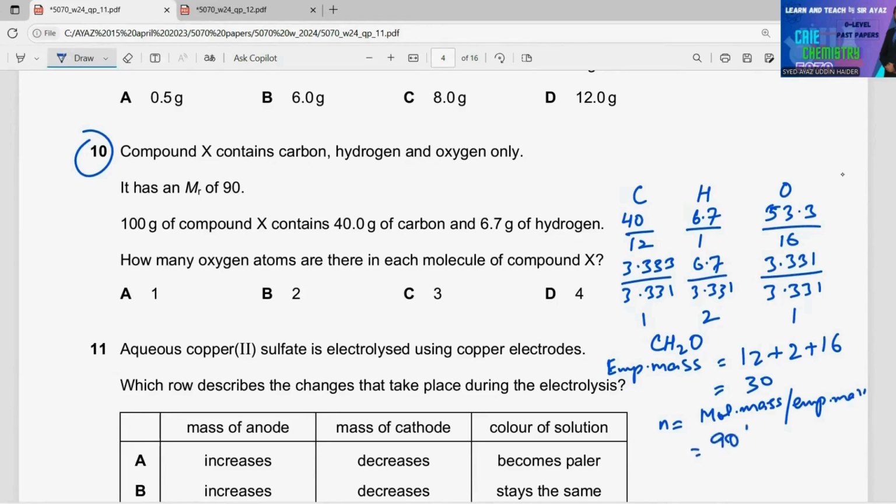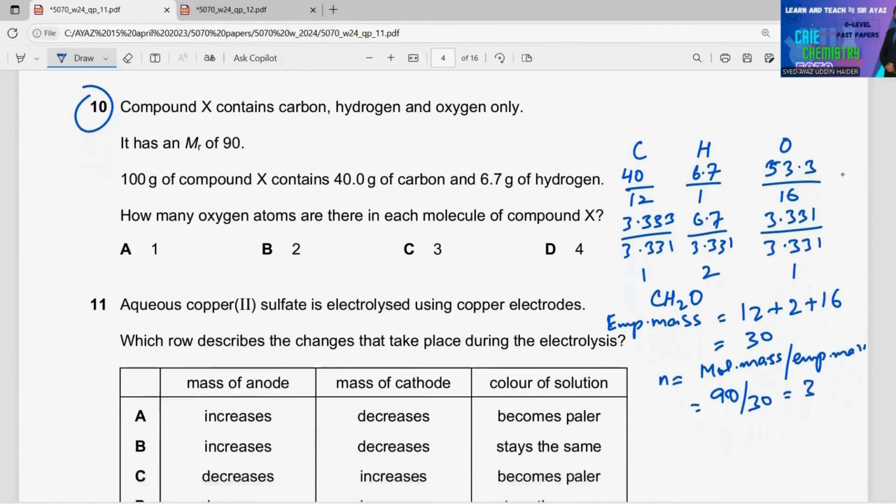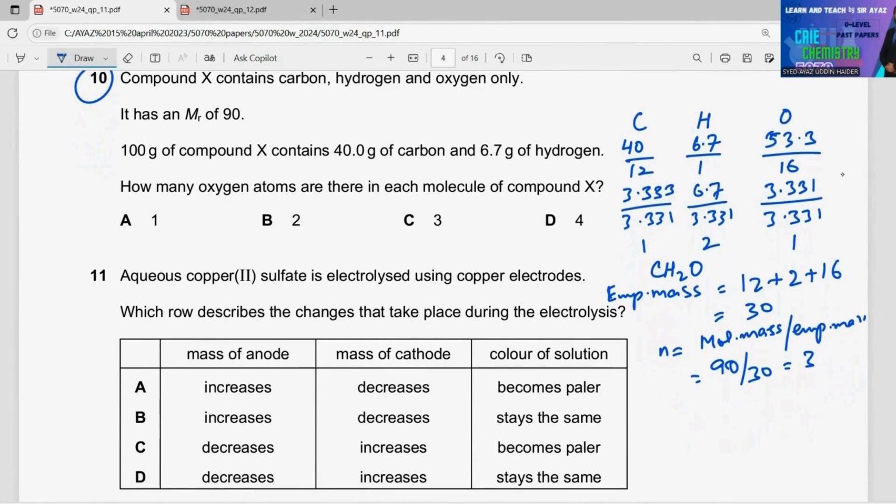So 90 divided by 30 gives 3. So the molecular formula must be 3 multiplied by CH2O. We get C3, H2 multiplied by 3 is 6, O3. So we have 3 atoms of oxygen in each molecule of compound X. So C must be the final answer for this question.